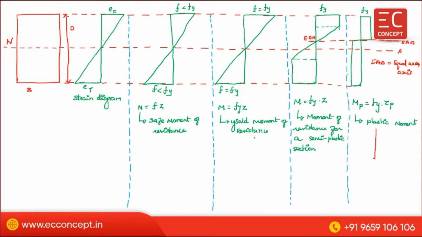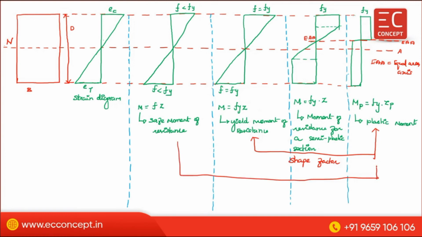The ratio between these two moments we call the shape factor. The ratio between plastic moment and the safe moment we can call the load factor. So these are some of the points that you have to keep in mind.